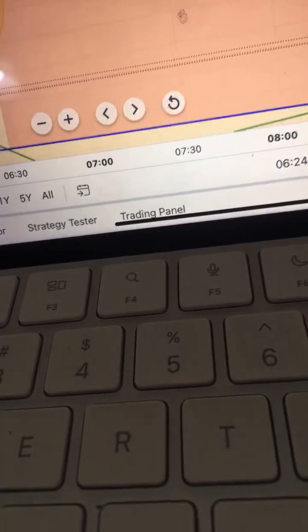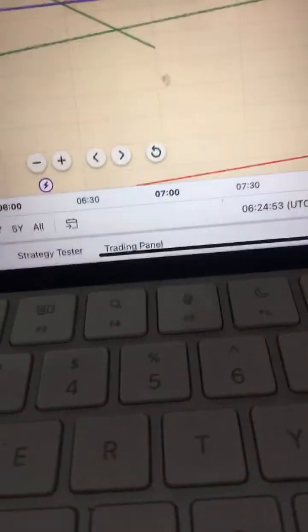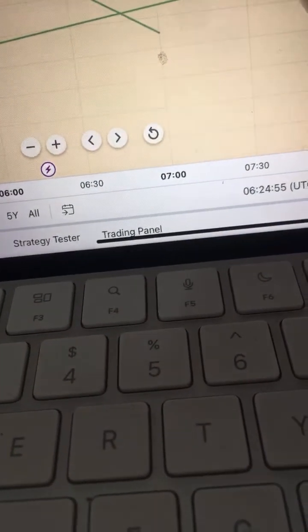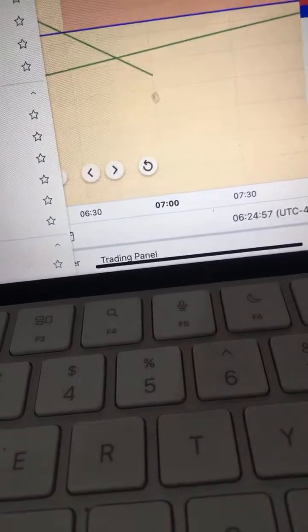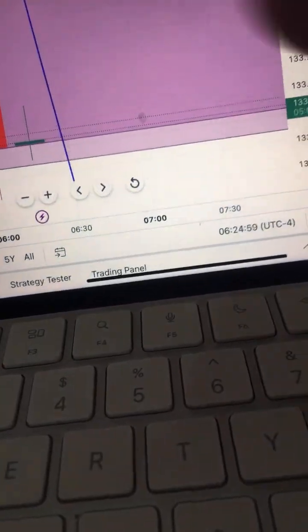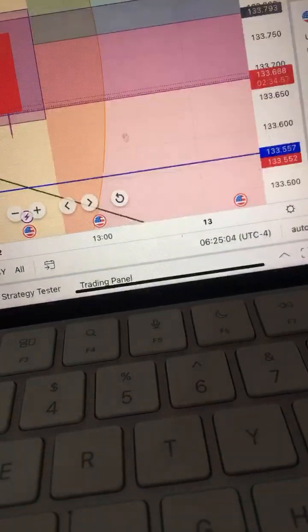I'm still waiting for CPI. GBP, let me see, JPY. Yes, the JPY. On CPI, I will be scalping.